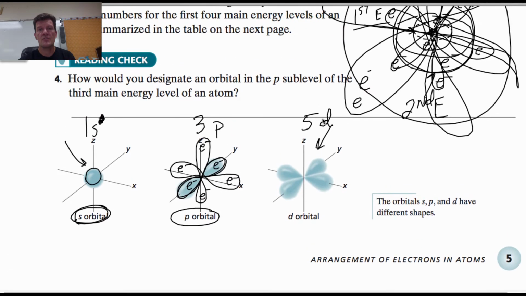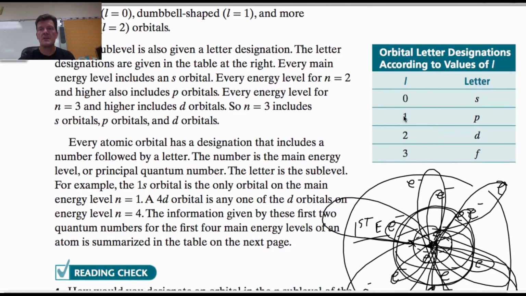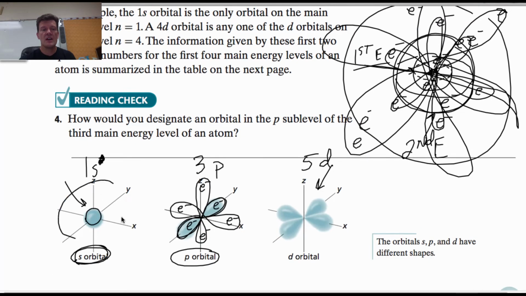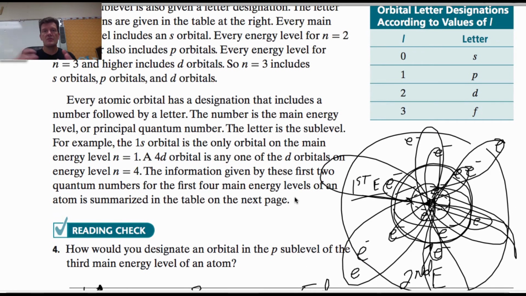We're going to pause there. We won't talk about the f quite yet. So you can have s, p, and d orbitals in your different energy levels. As you get further from the nucleus, higher energy levels are able to accommodate more and more orbitals.